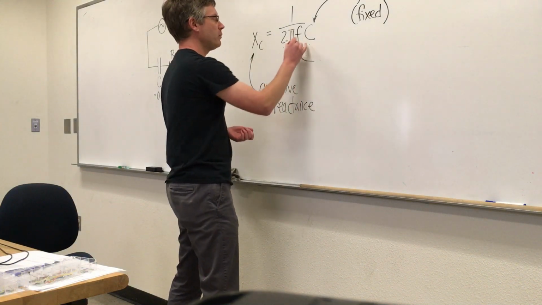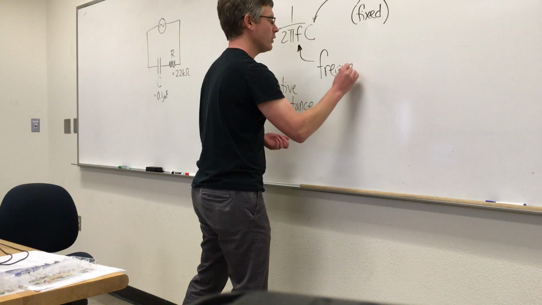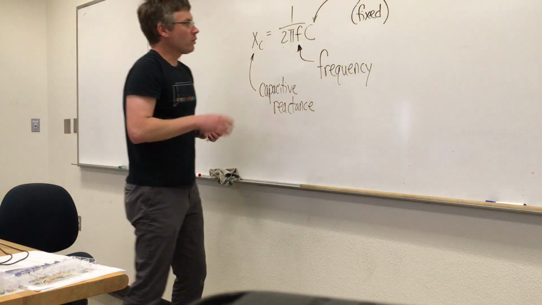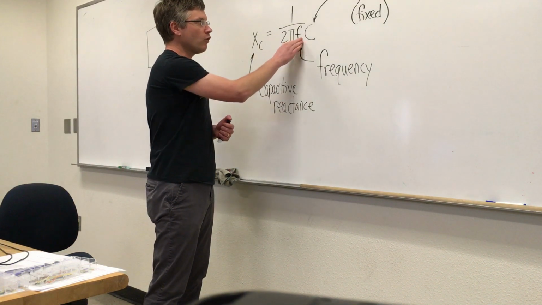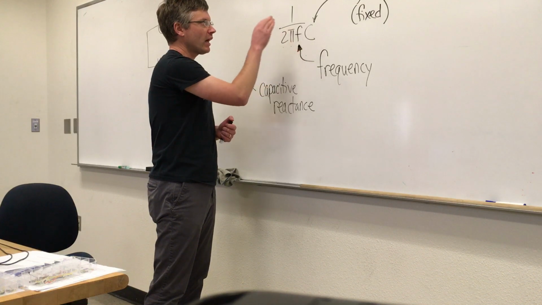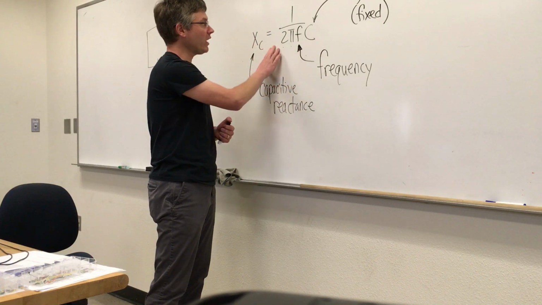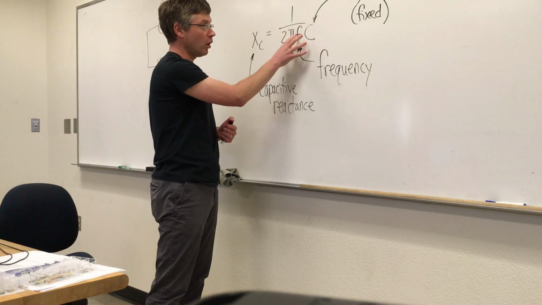This is the thing we've been messing with, the frequency in hertz. And let's look at that. We were observing on the oscilloscope display that when we had low frequency, we had high apparent resistance for the capacitor. So according to the equation, when we have low frequency, that makes the denominator smaller.